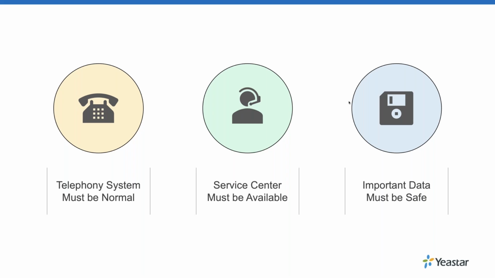It doesn't matter whether it's the primary or secondary system, or whatever method you take for high availability and redundancy, if something happens to my system, I just want to make sure all of my agents will still be available for providing service to my customers, to my clients. This is the second point, and the third one is important data.